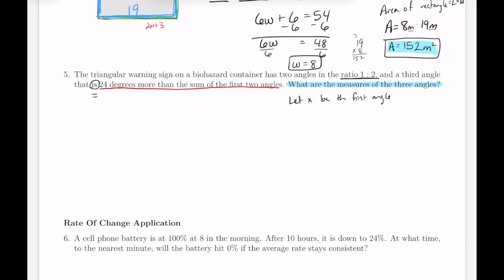Well, if x is the first angle, then the next angle is going to be 2x. So I can just say let 2x be the second angle.